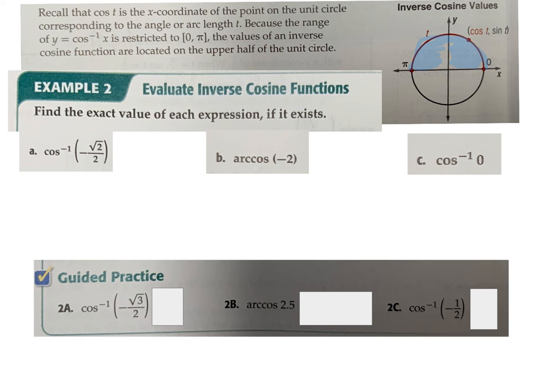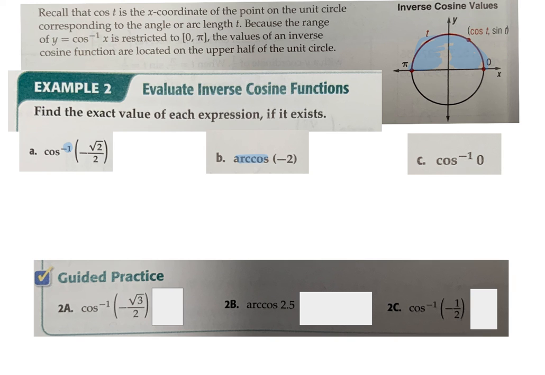So let's look at this first one. Again, the notation is the same. If you see the -1 or if you see arc, they are saying, here is the trig answer, give me the angle. So square root of 2 over 2, I know it's going to be a pi over 4, right? That's easy. This particular one is negative square root of 2 over 2. So it's going to be a pi over 4 in the second quadrant.